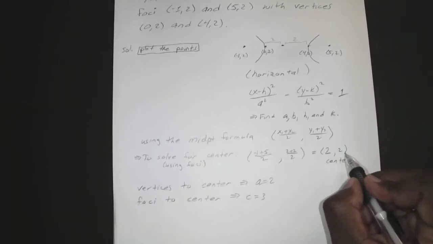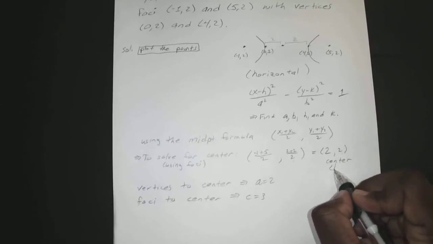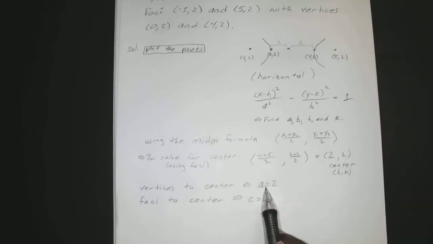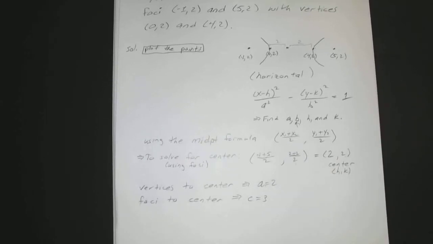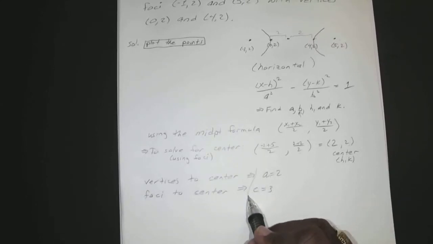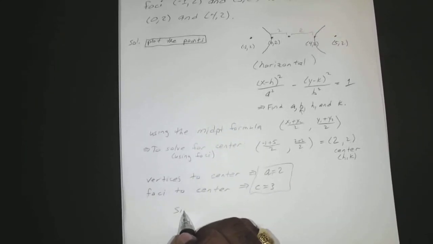So we have our H and our K. We have our A and our C. The only thing we don't have is our B. But if you remember, C squared equals A squared plus B squared, so you can solve for B. Okay, so we have that. Since C squared equals A squared plus B squared, that means that B is equal to the square root of C squared minus A squared.